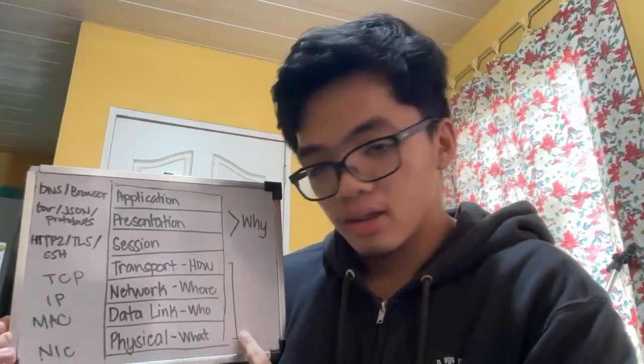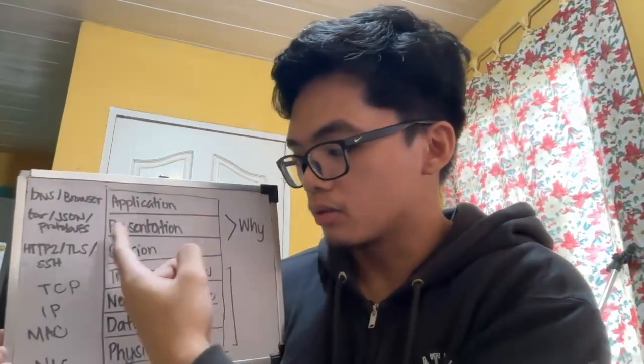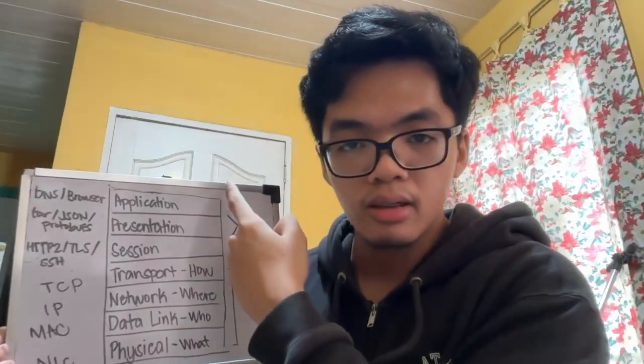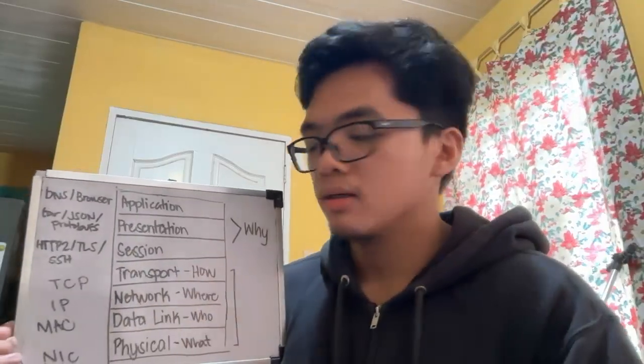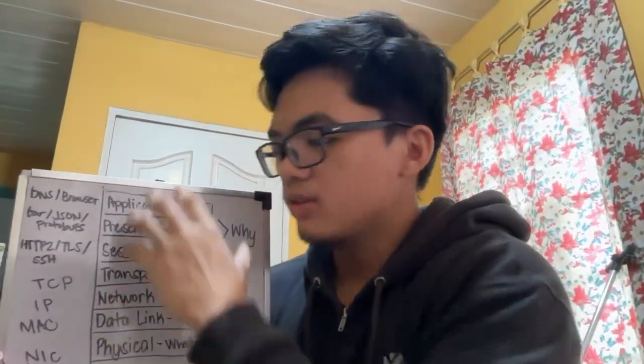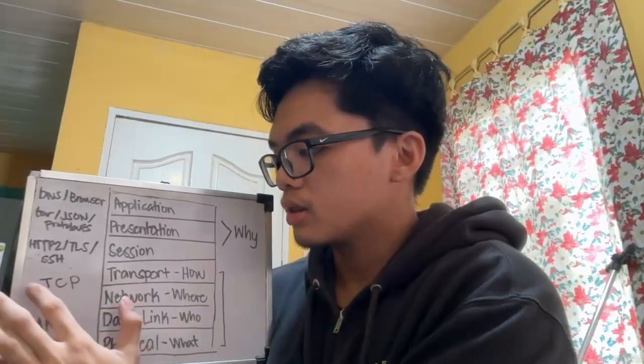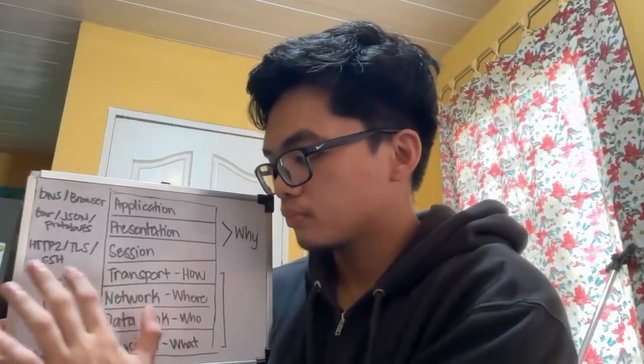These four layers is what we call the network stack in the OSI model. And then these top three is the user space stack. And everything here is built on top of this layer, the transport layer.